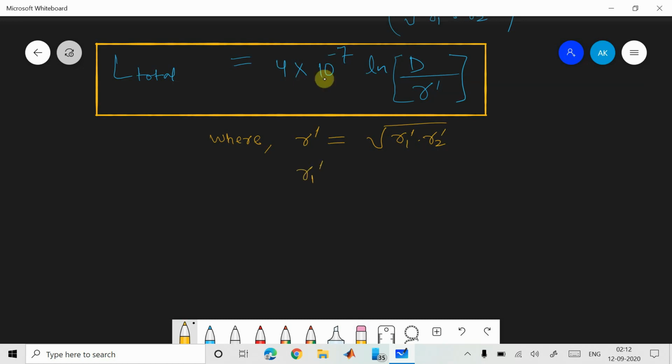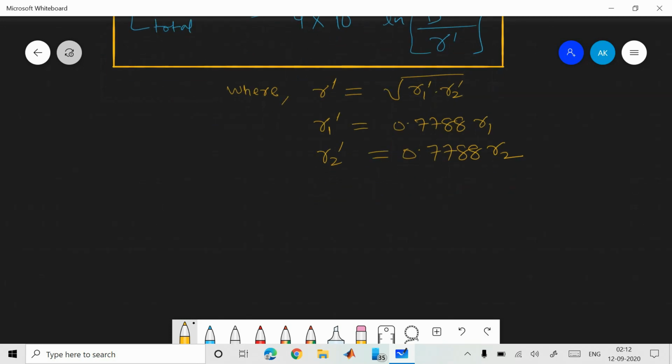And r1 dash is 0.7788 times r1, and r2 dash is 0.7788 r2. Okay, so this r dash is also called GMR of the system.